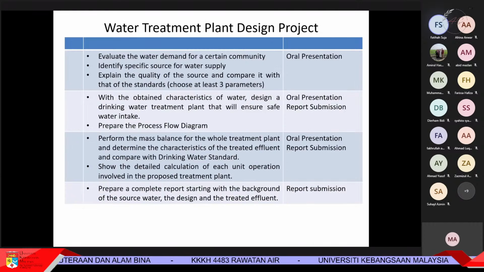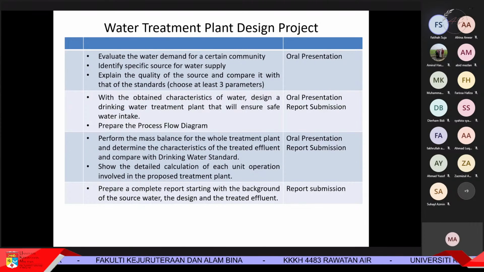And then you have to identify the specific source for water supply, meaning that from your reference, from your literature, you tell me where is the location of this water source, and you have to give me the characteristic of that water source, and you compare with the standard water source for drinking water.